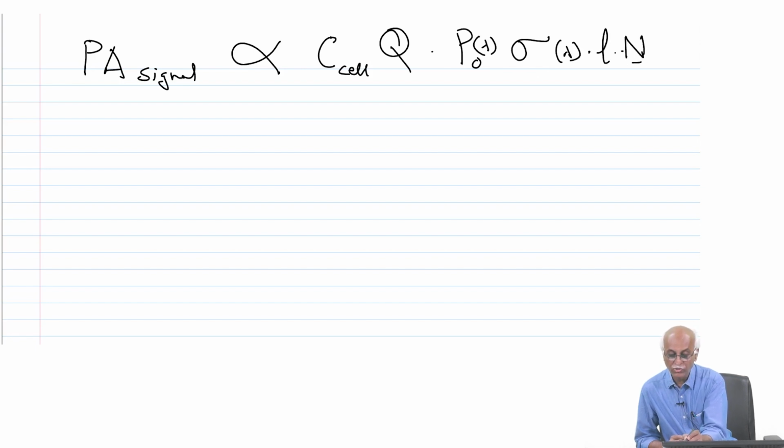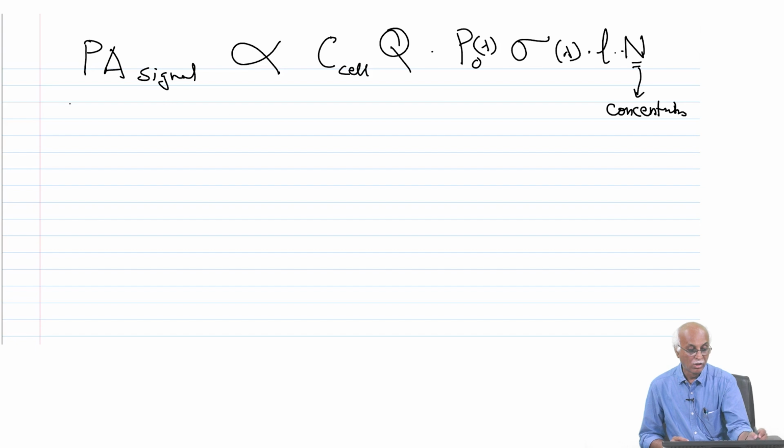So this is the concentration of the molecule present. Basically, we will include all other parameters related to the cell, not absorption but other parameters, everything in this, C cell into Q, but it is proportional to this.